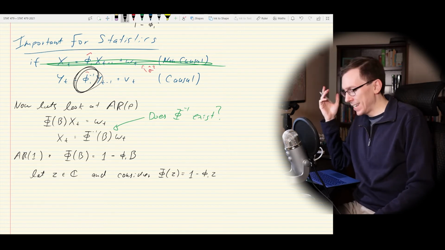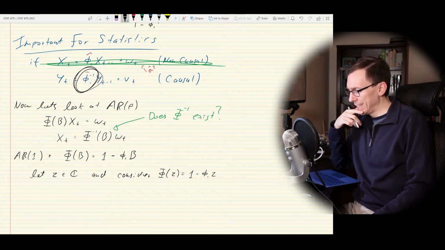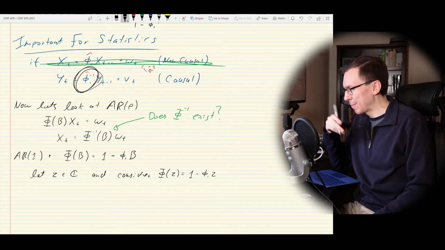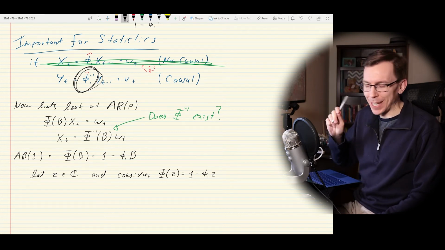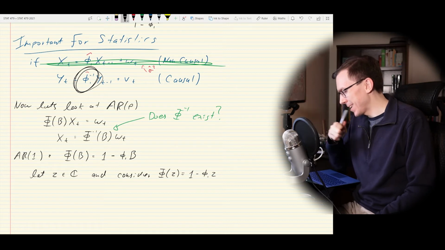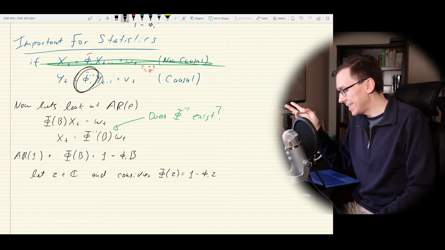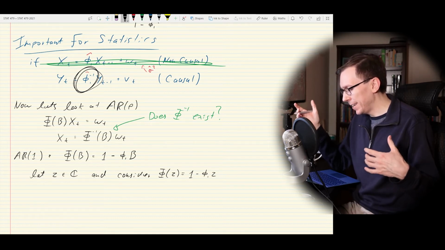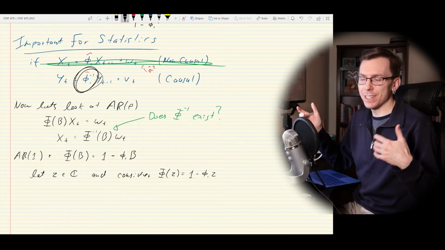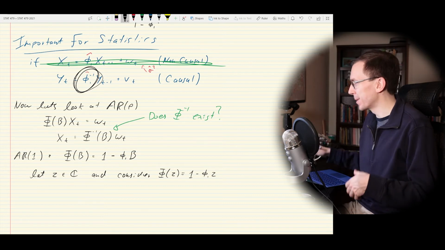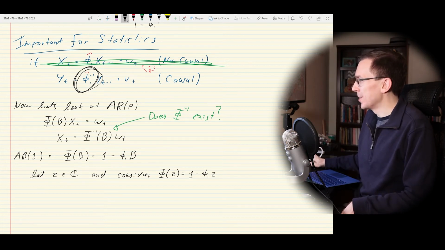Okay, so this is just, is that a monomial, I think, or it has just one term in it. I need to double check my terminology to make sure I'm not leading you astray here. But what we have here is phi of z is just going to be a polynomial in terms of z, some complex number.